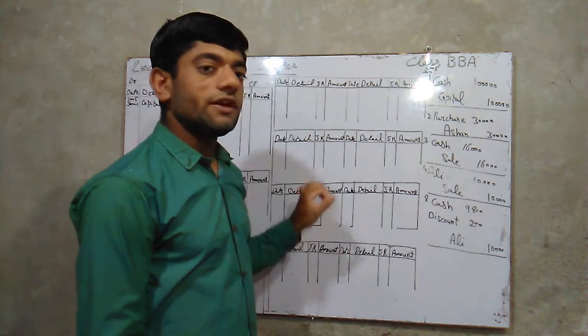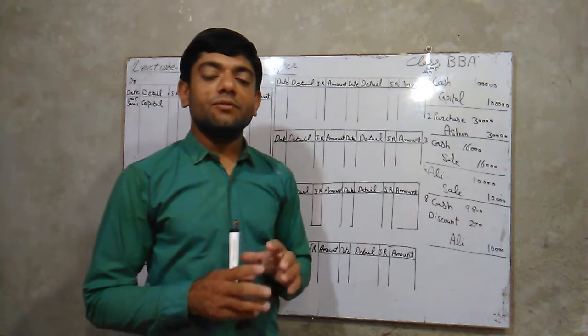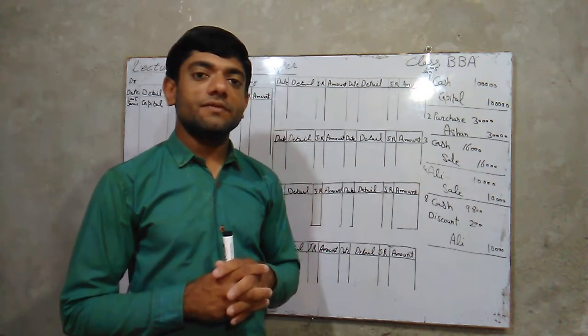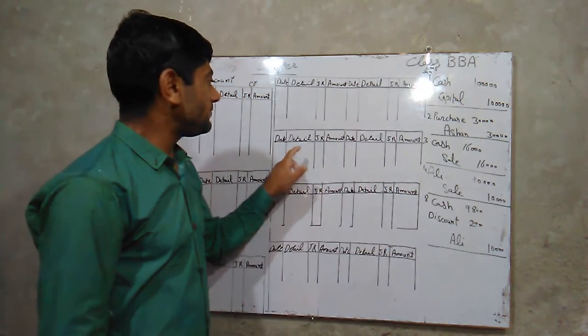A ledger account has two sides. One side is debit and the other side is credit. Both sides have equal columns. So this is the format of a ledger.